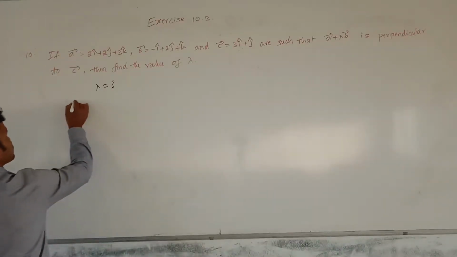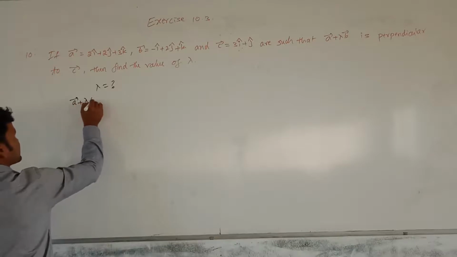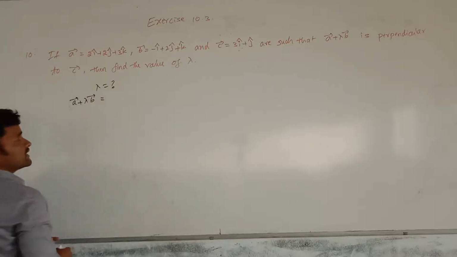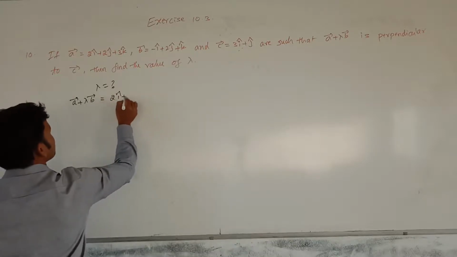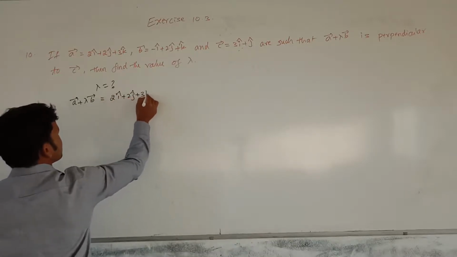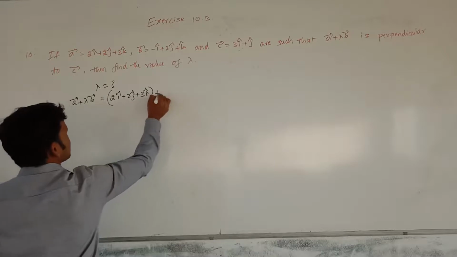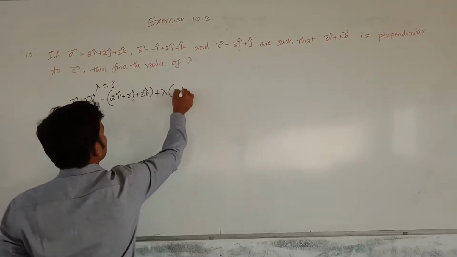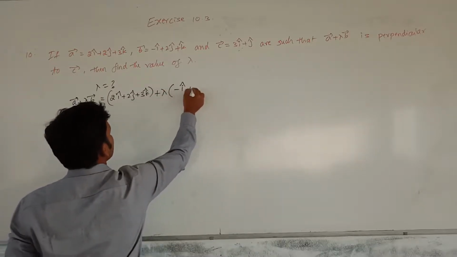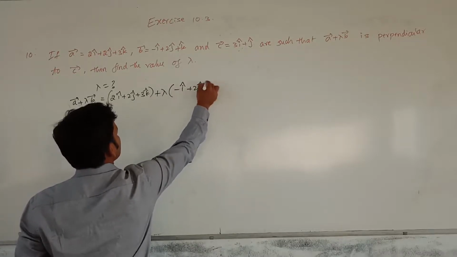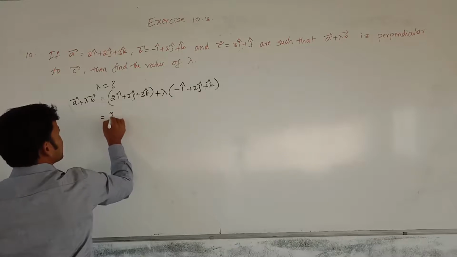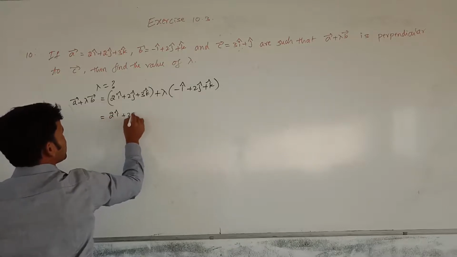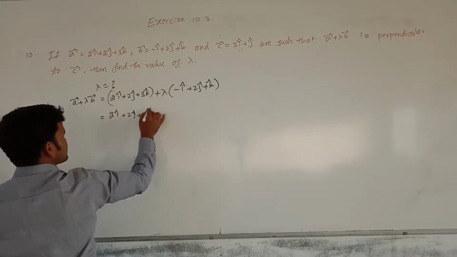Very simple one. First of all, let us find out A plus lambda B vector. Vector A is 2i plus 2j plus 3k plus lambda times vector B, which is minus i plus 2j plus k. Now here I will write one more step: 2i plus 2j plus 3k.